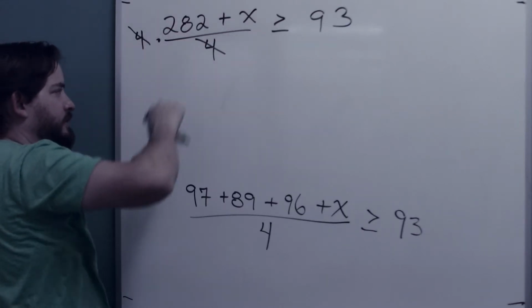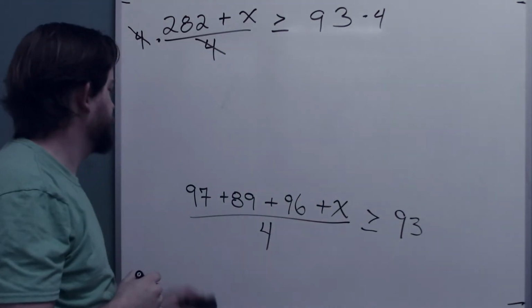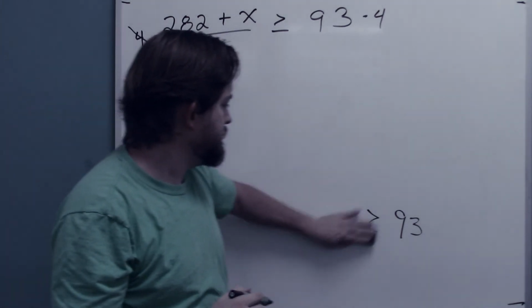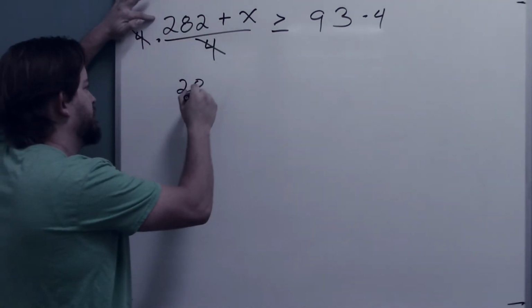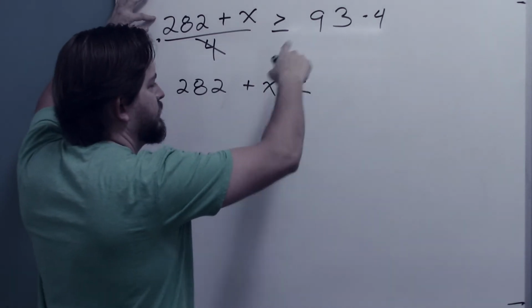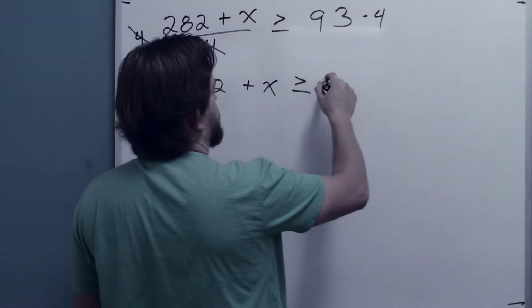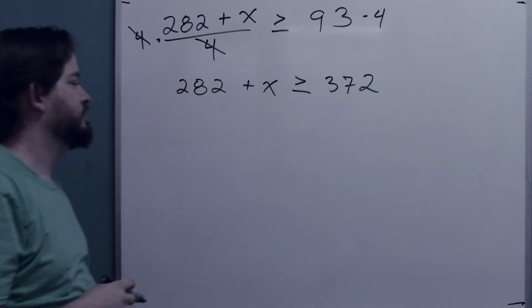It's multiplied by everything up top. And then I just multiply the right-hand side by 4. Okay. So this leaves me with 282 plus x is greater than or equal to 372.